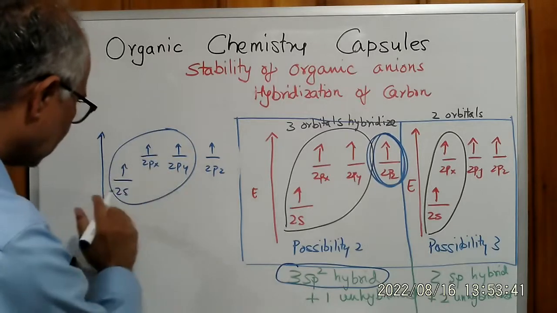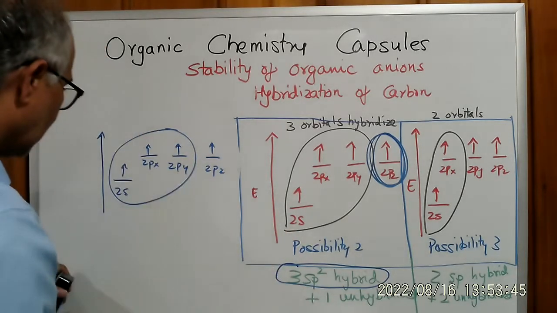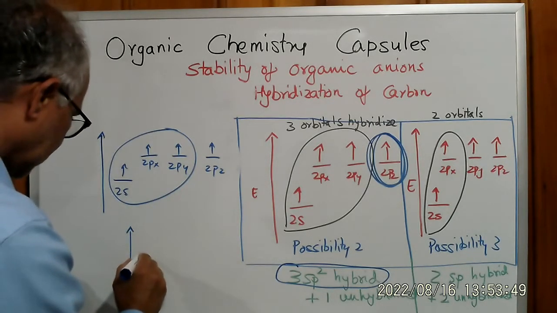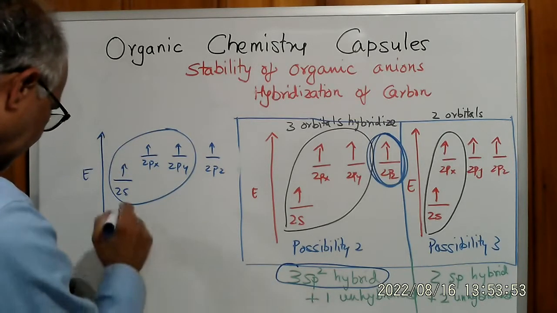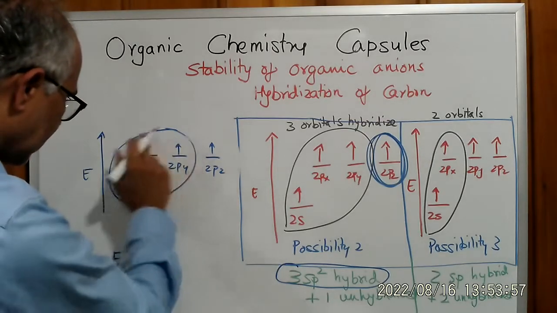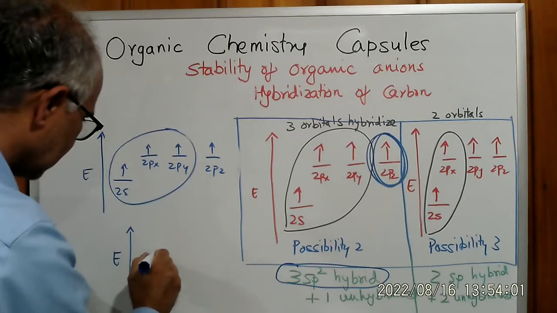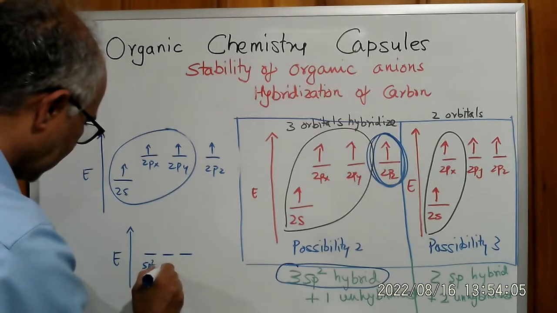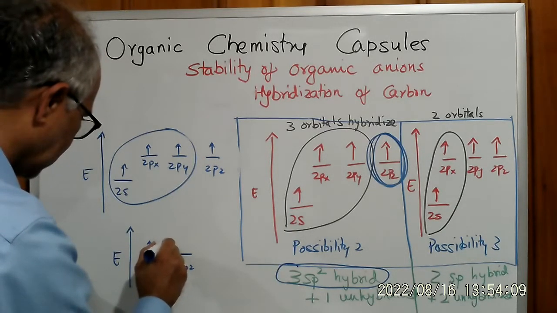For those 3, they'll form 3 degenerate hybrid orbitals. So let's just draw that here. So you get this energy scale going up, higher energy. Since these 3 orbitals hybridized, we get 3 sp2 hybrid orbitals. Each of them will have 1 electron.